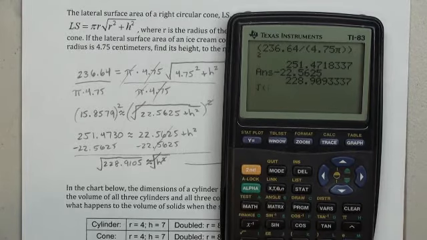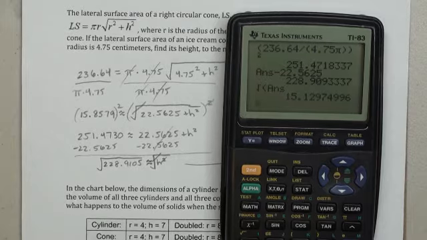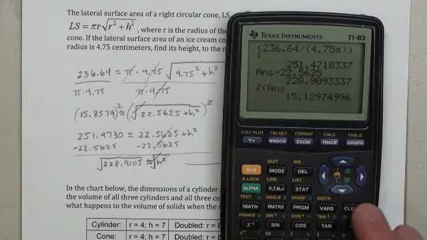So square root, shift answer. See, 15.13. So that was done exact, and I still got almost the same thing.